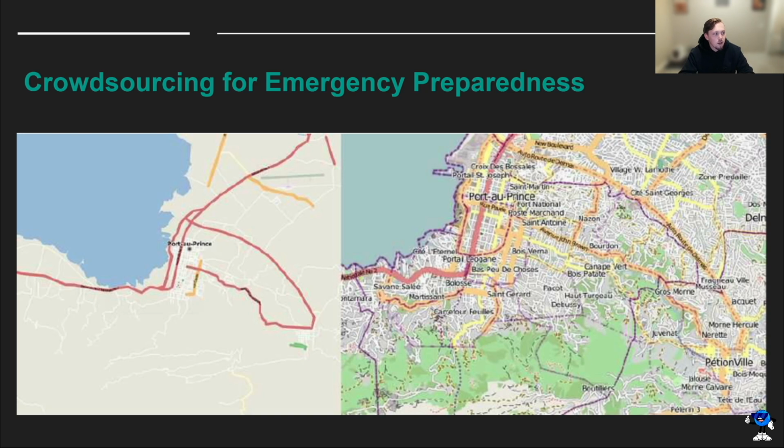Models like Flood Factor use OpenStreetMap for building footprints to help identify flood risks across the United States. Additionally, OpenStreetMap datasets such as emergency facilities can be used to understand equitable access to services.